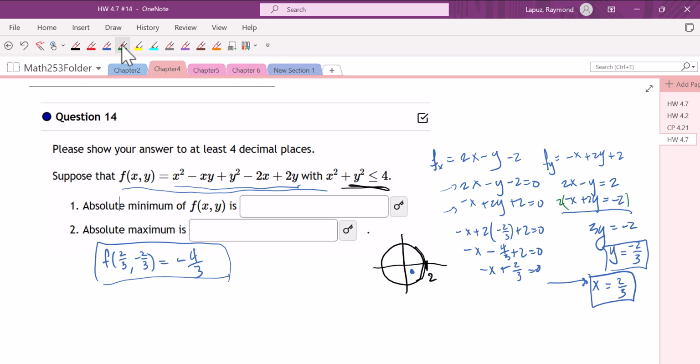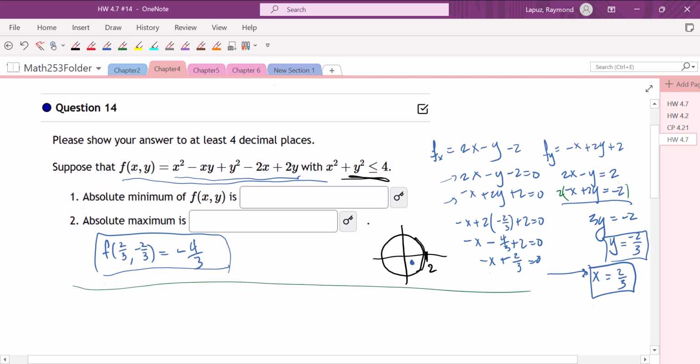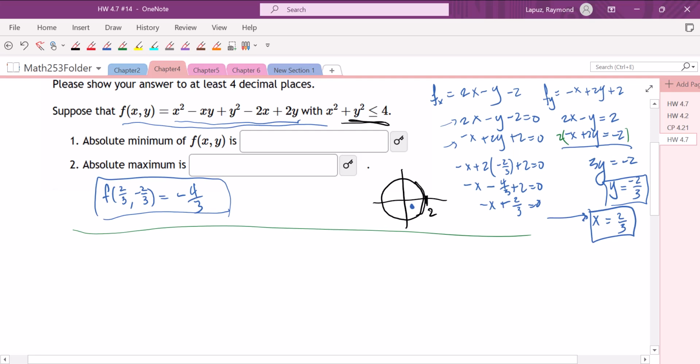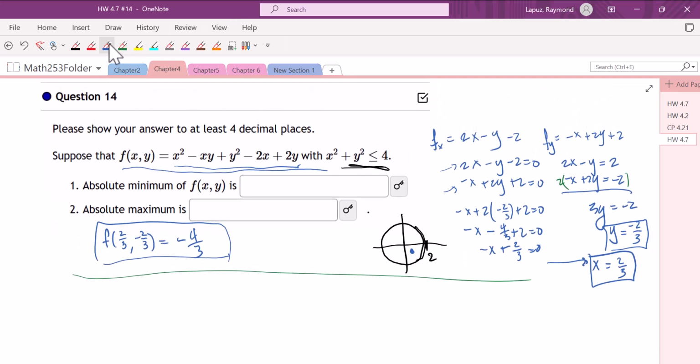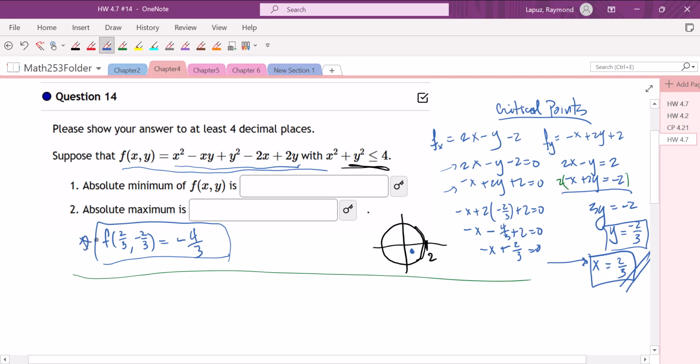To do that, we need to express the boundary. Let's first label our work. This is critical points, and that's the critical point that we found, and we found this as our possible max or min. Now let's go to the boundary.